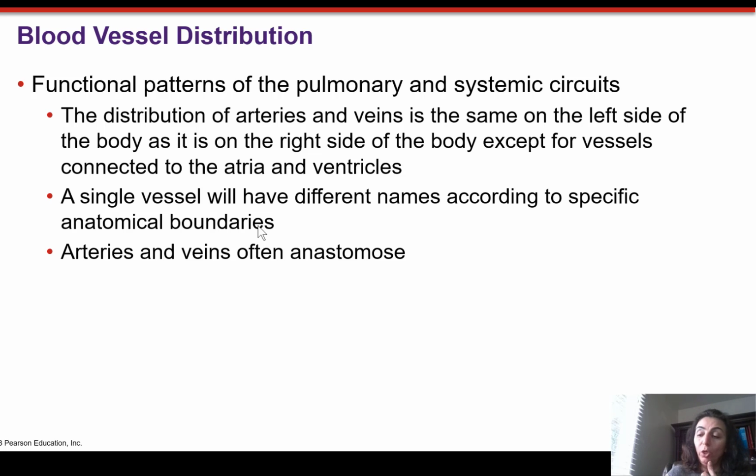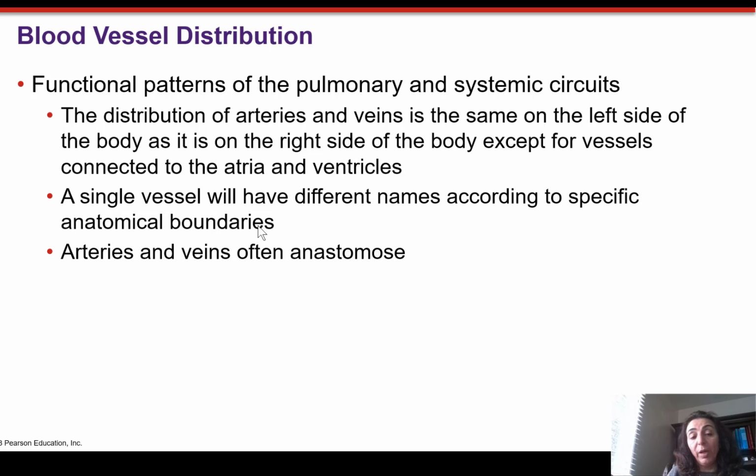That's one long vessel, goes from near the heart all the way to the end of the digits. But we're not just calling that subclavian. When it goes under the clavicle, we call it subclavian. When it goes under the armpit, we call it axillary. When it goes to the brachial area, we call it brachial artery.